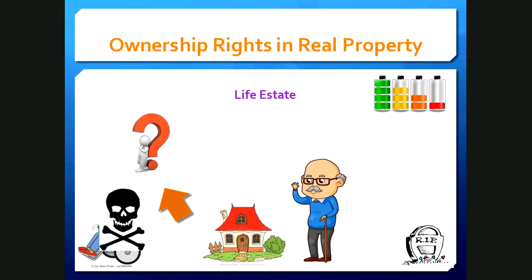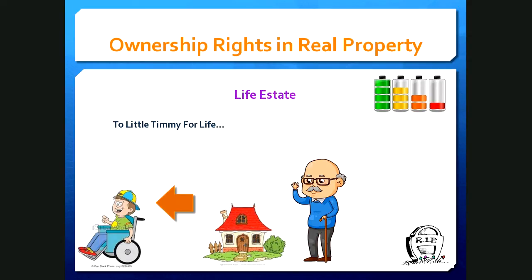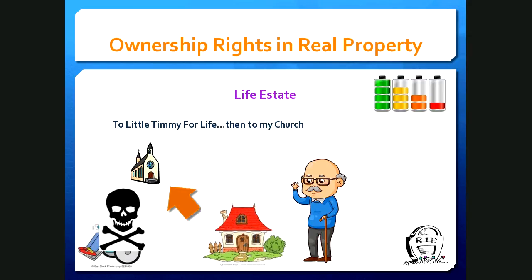Well, if you say to little Timmy for life, then to my church. Well, when little Timmy dies, the property would then go to the church. This is called the remainder interest, right? So little Timmy gets it for life, then it's going to go to the church. So the church has the remainder interest, right?